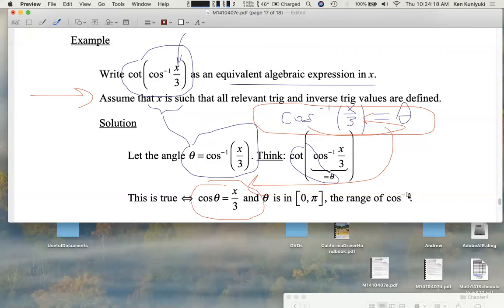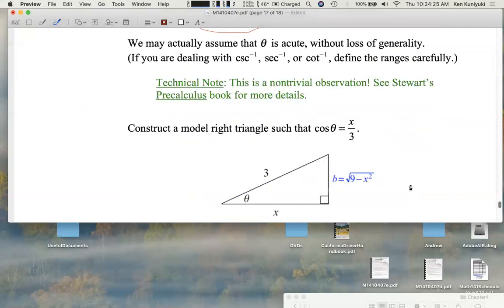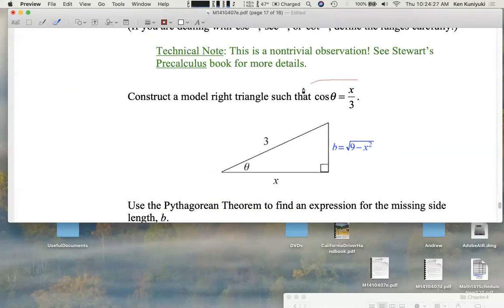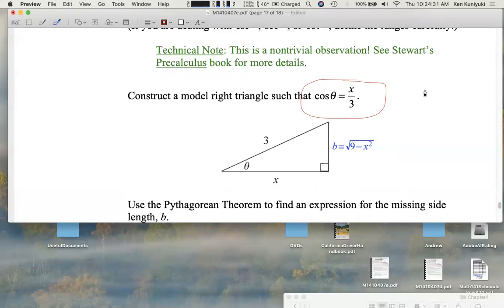Now, we can use SOHCAHTOA and develop a right triangle model. We're going to set up a right triangle model so that cosine of theta is x over 3. Let's make this angle measure theta. SOHCAHTOA, ka. Cosine is adjacent over hypotenuse.